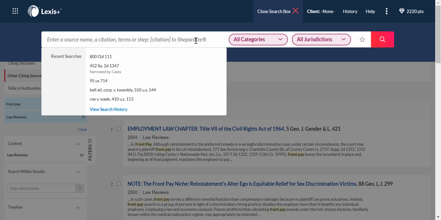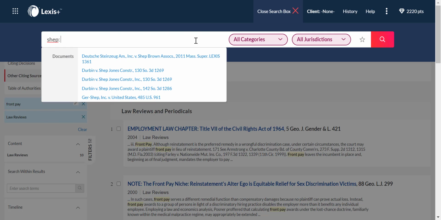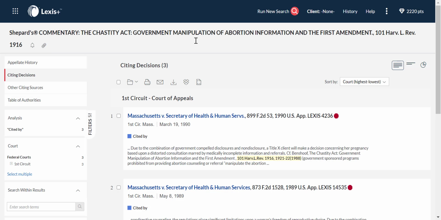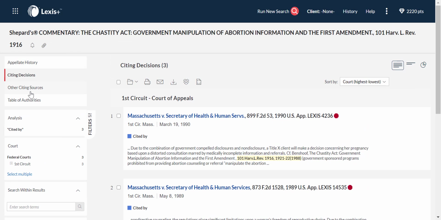Remember that you can also Shepardize law review articles. So if we use our Shep: again and we put in the citation for a law review article, we are going to get any of those decisions or other citing sources that talk about that law review article. So citing decisions would include cases that have cited to our article.